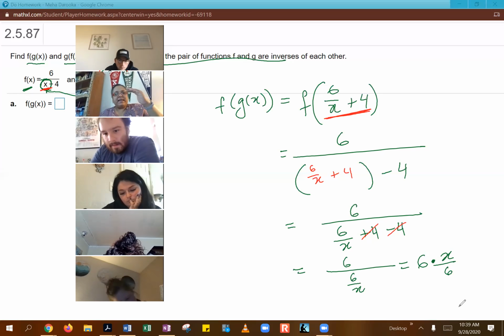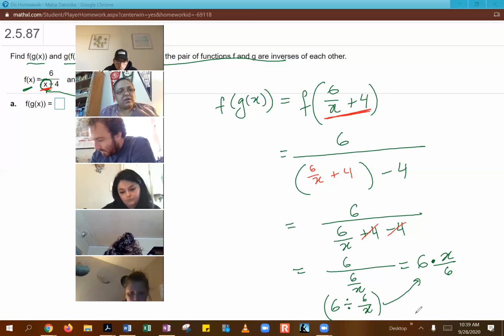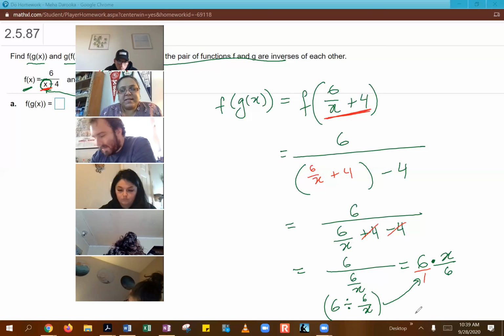So since we are taking 6 divided by 6 over x, if it helps, you can think of this guy here as 6 divided by 6 over x, which is basically changing when you invert the denominator, division changes to multiplication. And then since you have 6 on the numerator, 6 in the denominator, they will cancel each other out.